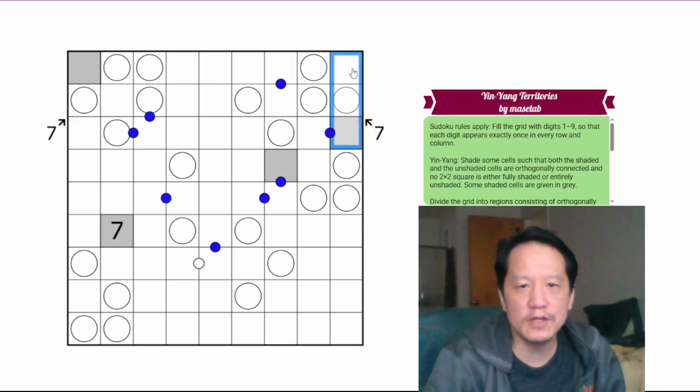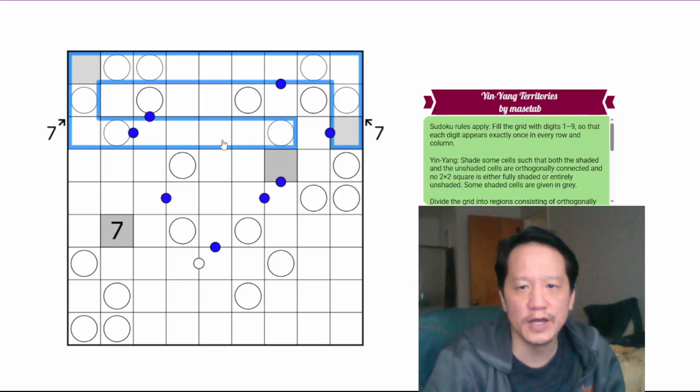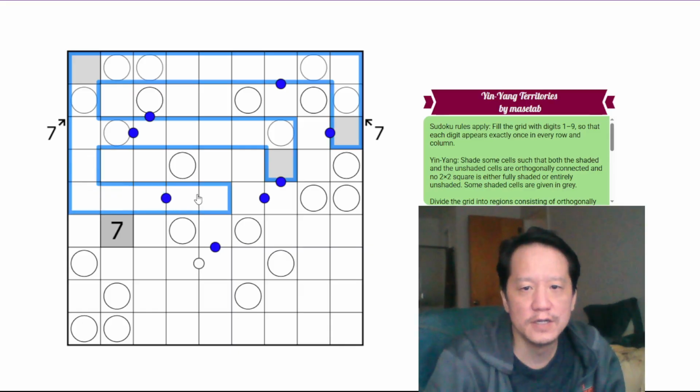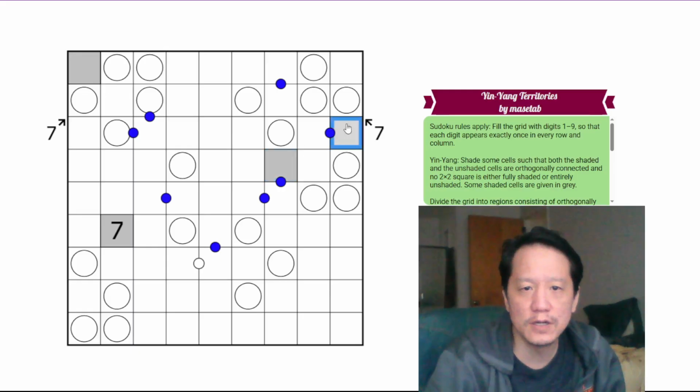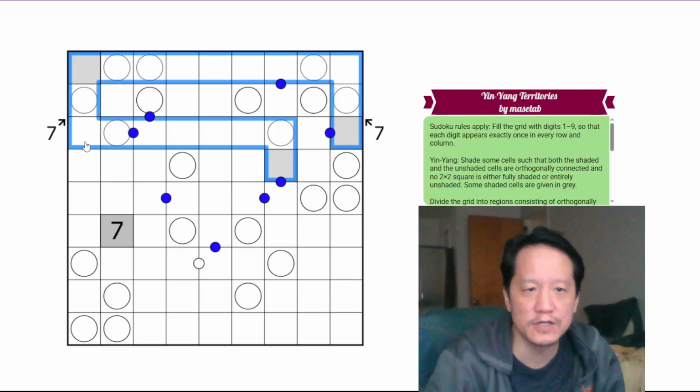We have yin-yang shading, where we need to shade some cells such that both the shaded and unshaded cells are orthogonally connected. And no 2x2 square is either fully shaded or entirely unshaded. Let's come up with a valid yin-yang shading.